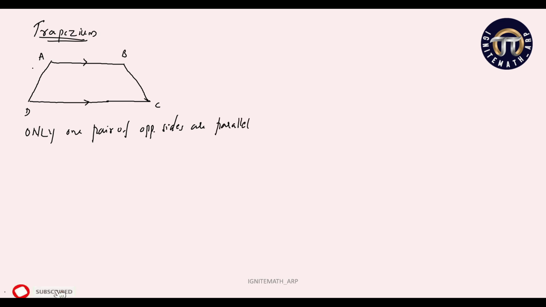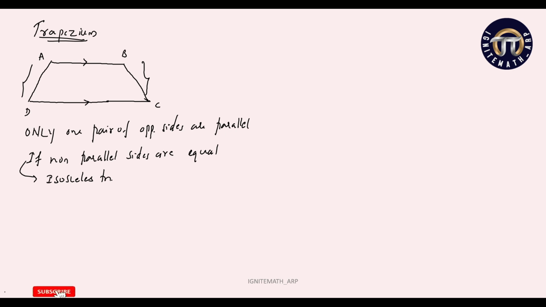So these AD and BC are called non-parallel sides. If the non-parallel sides are equal, then the trapezium is called an isosceles trapezium. Clear, children? Look at this very carefully.